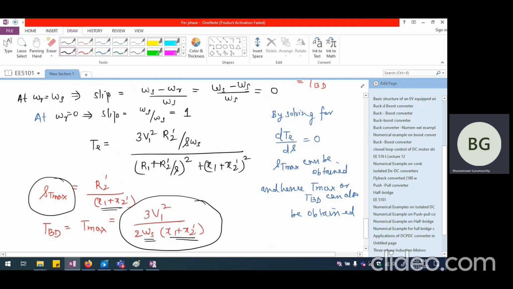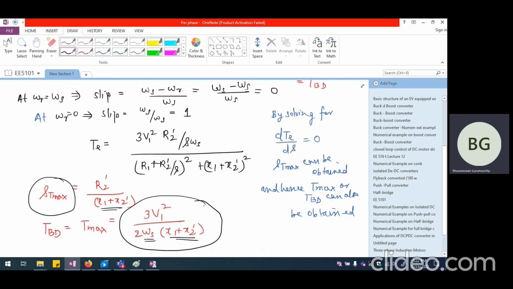And omega S is going to be dependent upon F1, the applied frequency. X1 plus X2 dash again here is going to be dependent upon the frequency. So in general, for induction motor torque calculation and speed calculation, the frequency plays an extremely vital role. So this is what I wanted to convey.